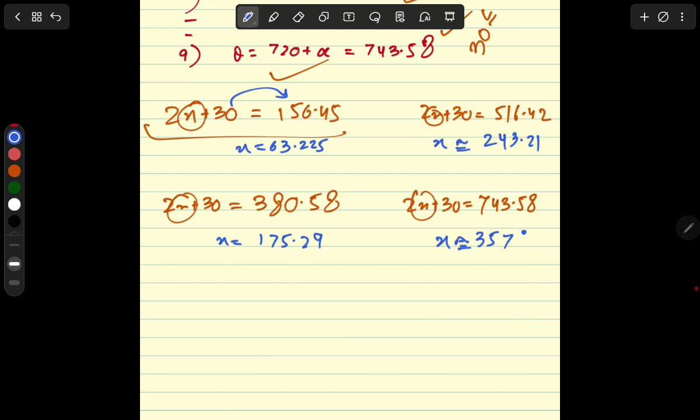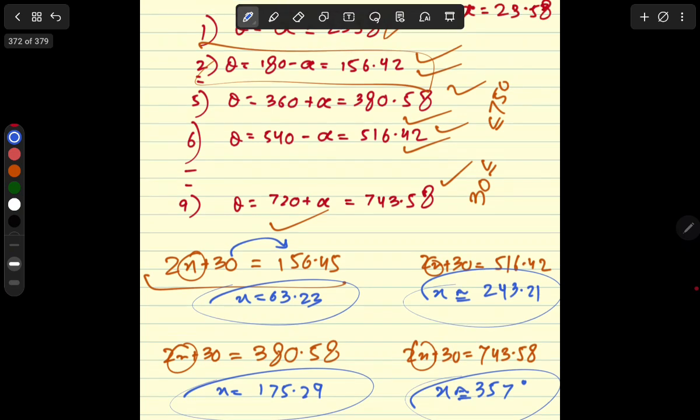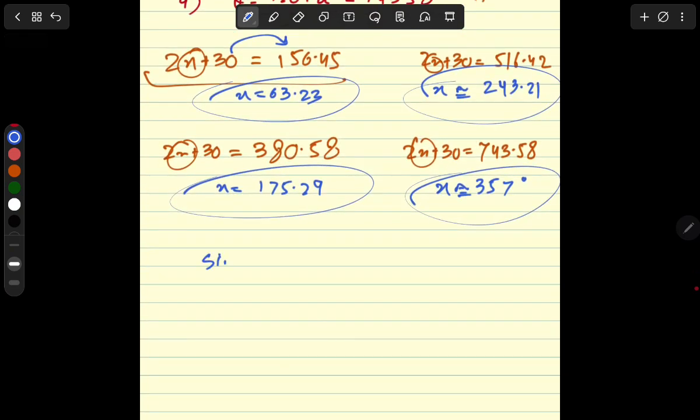So these are all approximate values, correct to 2 decimal places. These are the answers you are going to get for this problem, where sine of 2x plus 30 was equal to 0.4.